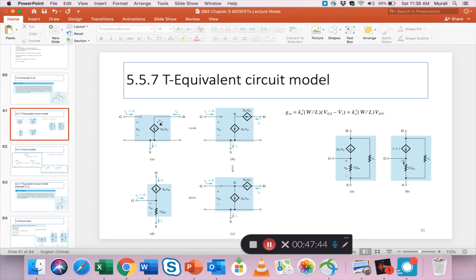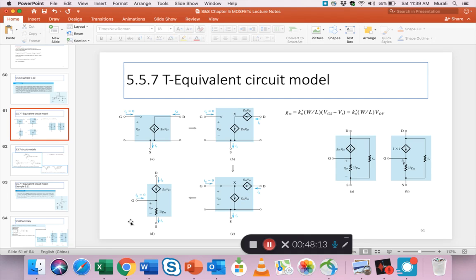He takes the original hybrid pi model and goes through some steps to come up with this model, which looks like a T. And this T, which is also shown to the right here, has, on the right side, the RO, the channel length modulation resistor. So ignore that for the moment and just look at part D here.